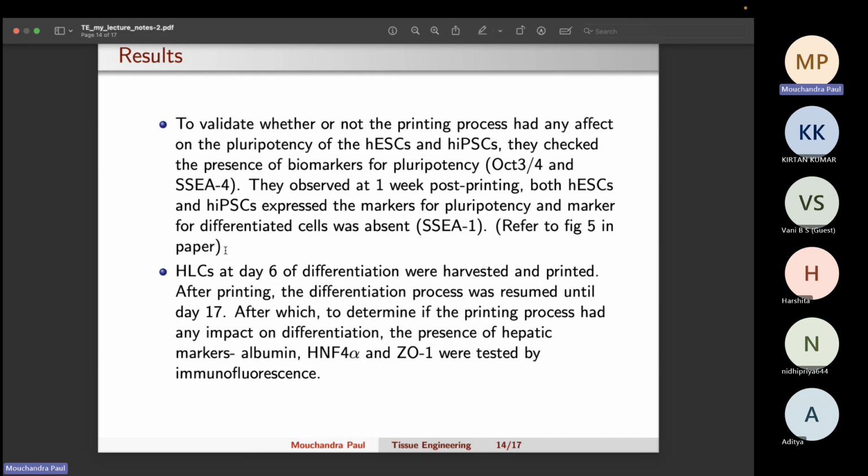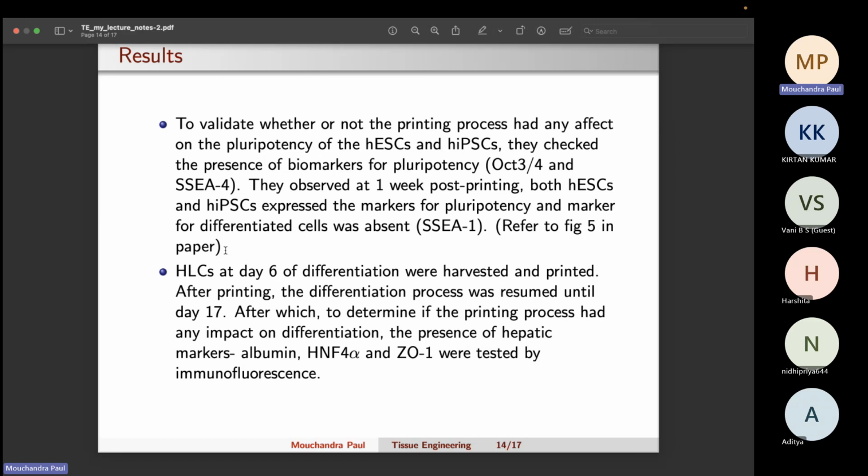Can any one of you brainstorm and answer why you think the 3D bioprinting process can affect the pluripotency? Why is this result reportable? Why is it so unique that it is published in a paper?